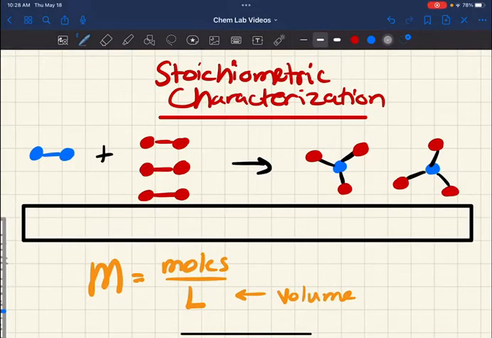In this experiment, you will be looking at how to characterize the stoichiometry of various reactions, but also of mixtures of substances. And so we'll start with a mixture of a substance, and we'll use reactions to help us determine the stoichiometry of the reaction and therefore the stoichiometry of the substance mixture.